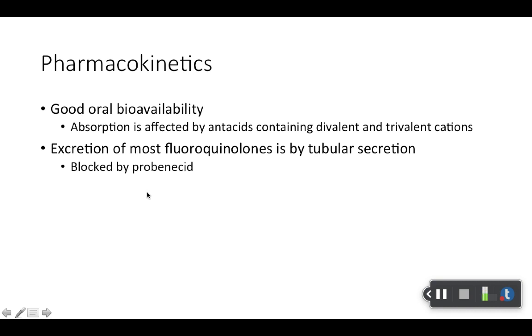And then another drug interaction here is with probenecid. So the excretion of the fluoroquinolones is blocked by probenecid, which we'll talk about more later when we talk about gout. That's a gout medication basically, and we'll go into more detail later.